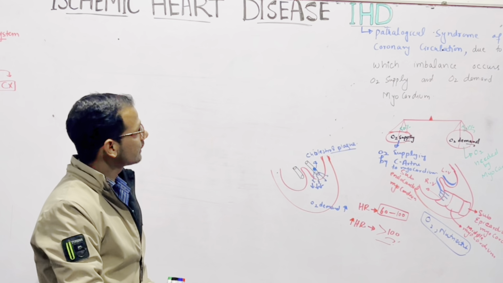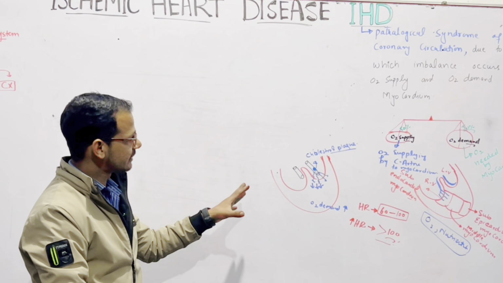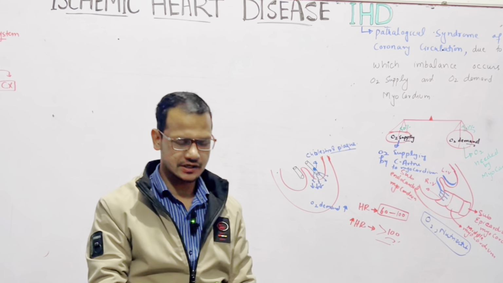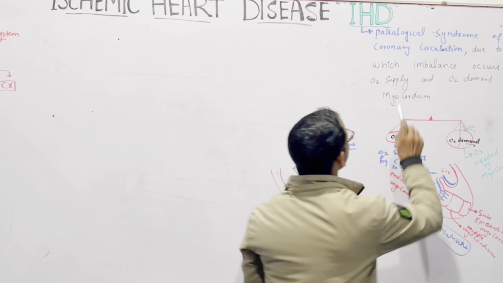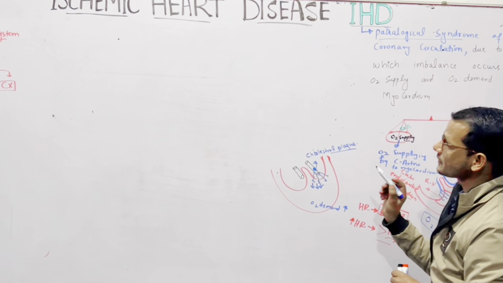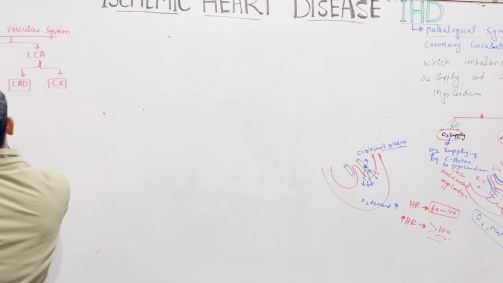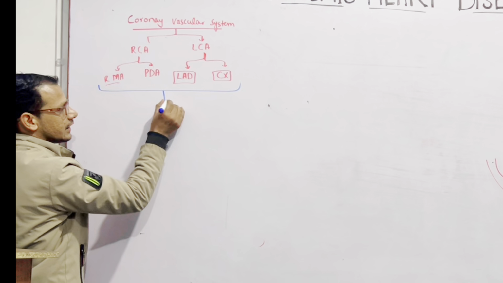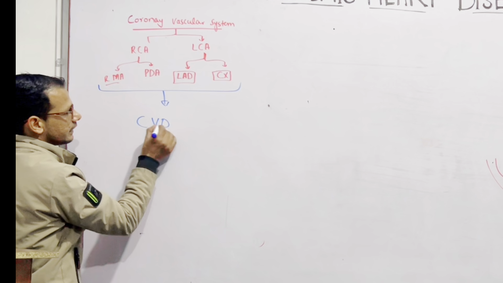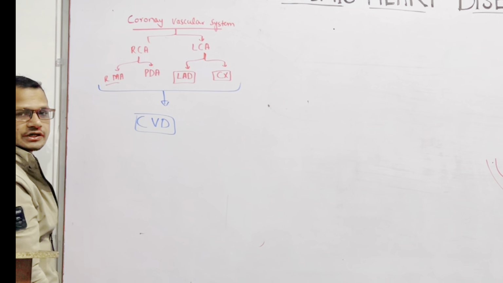Now, after this, we will discuss two or three characteristics of ischemic heart disease. Mainly, we call it a pathological syndrome because if any abnormality occurs in these arteries, it will be called CVD.